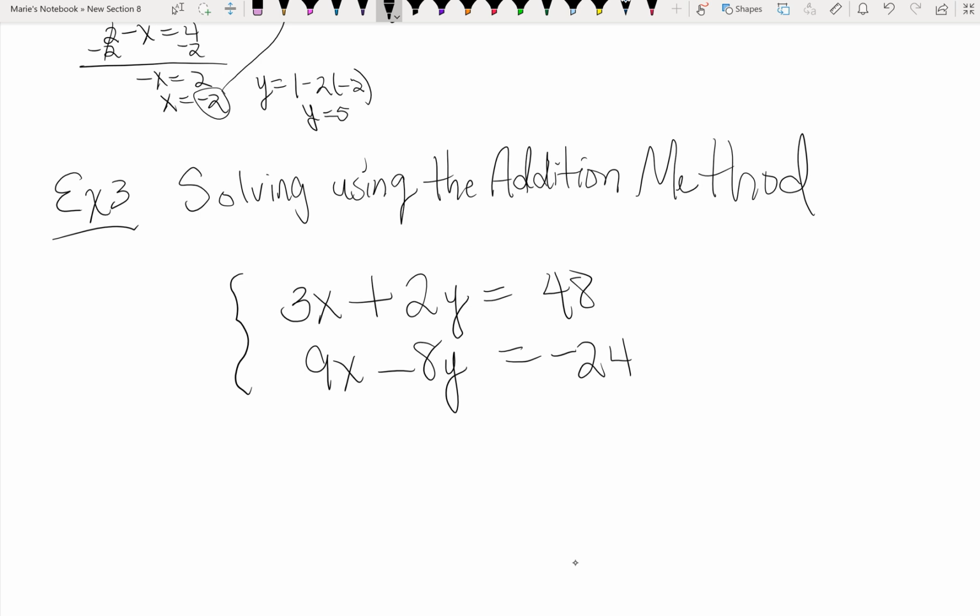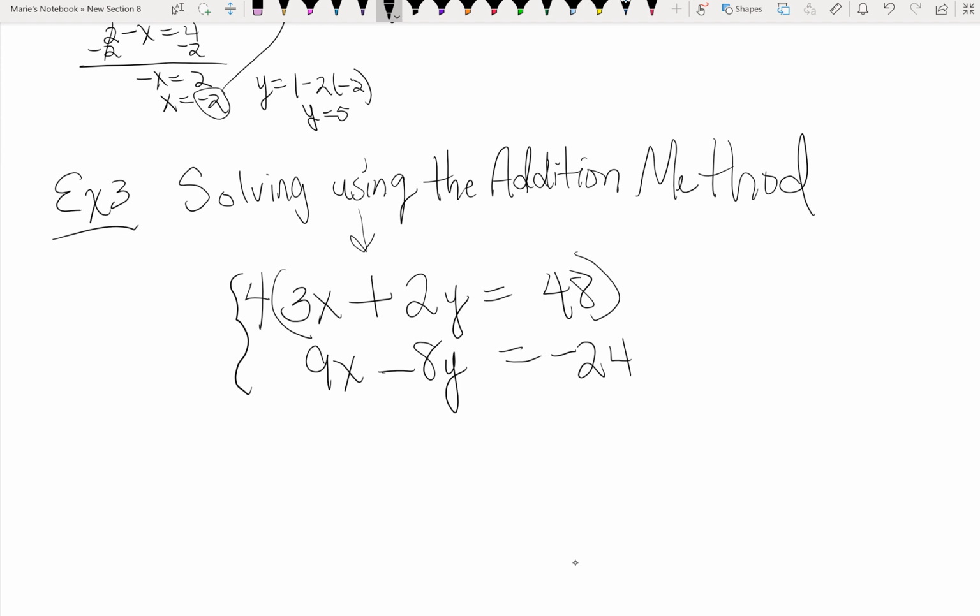What I would suggest is, you see how this is a 2 and an 8 and this is a plus minus? The x's do not necessarily have the opposite sign. That would lead me to simply multiply this entire top by 4. Do you understand why? You see the plus minus already there?